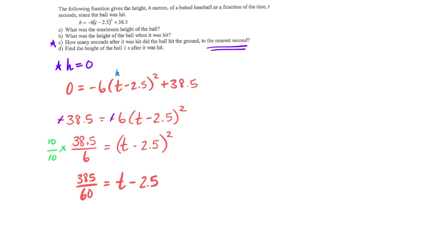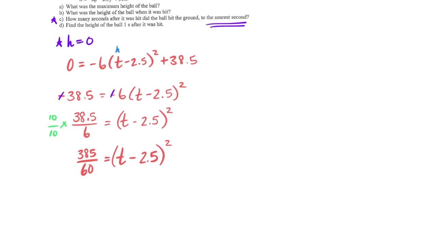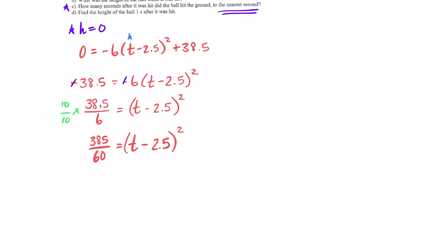I don't have a decimal inside my fraction. However, we'll notice that that fraction on the left side is unsimplified. So what I can do is divide the top and bottom both by 5, and my top is going to work down to 77 and my bottom 12. And now I know that that fraction is fully simplified.